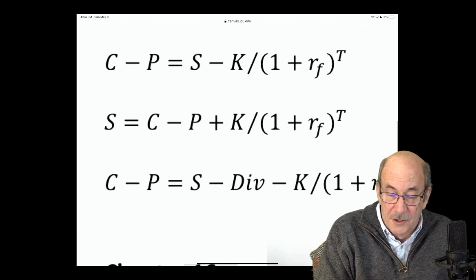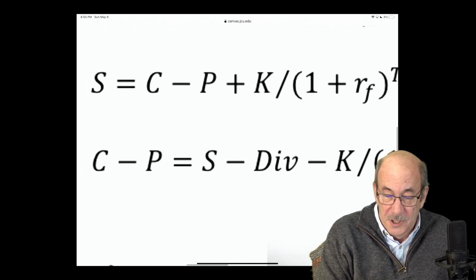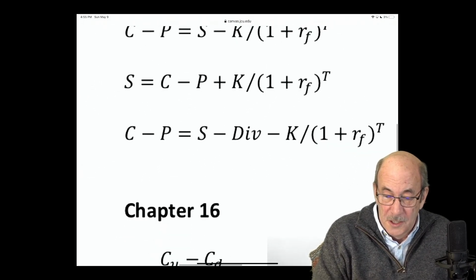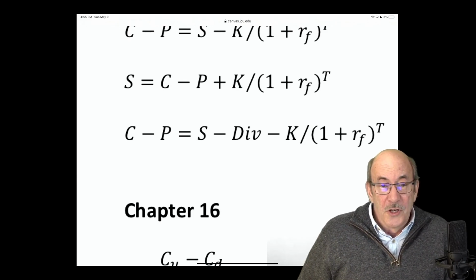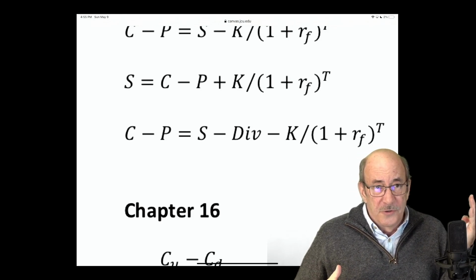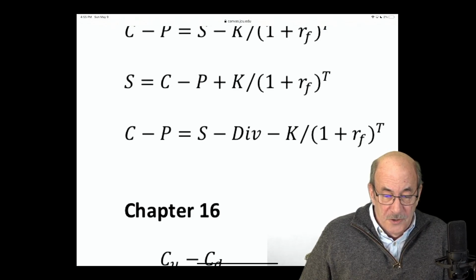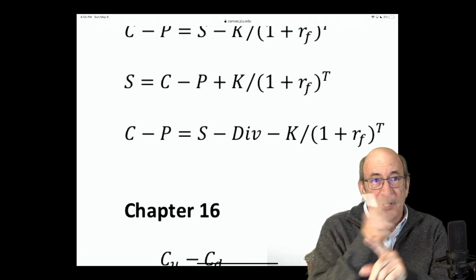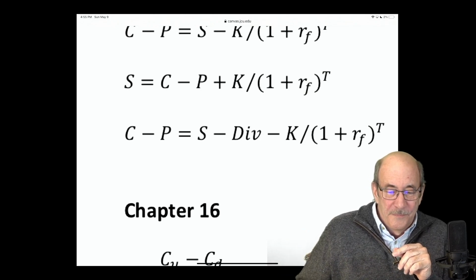This one is particularly convenient because, let me blow it up so you can see. I can't mark on here, but this S equals. So what you could do is, if you wanted it to be C equals, you could just subtract C from both sides and subtract S from both sides, and you would move the C over to the left, and you'd move the S over to the right.